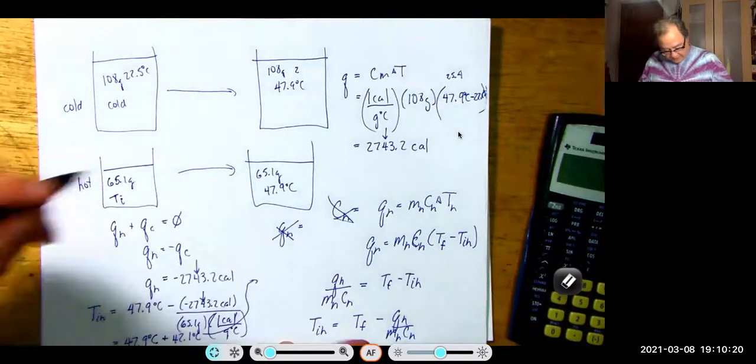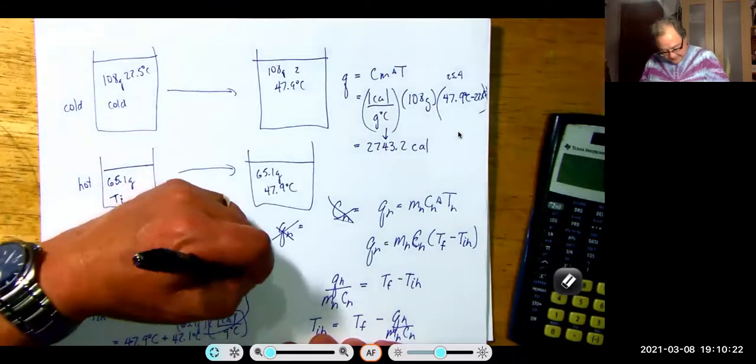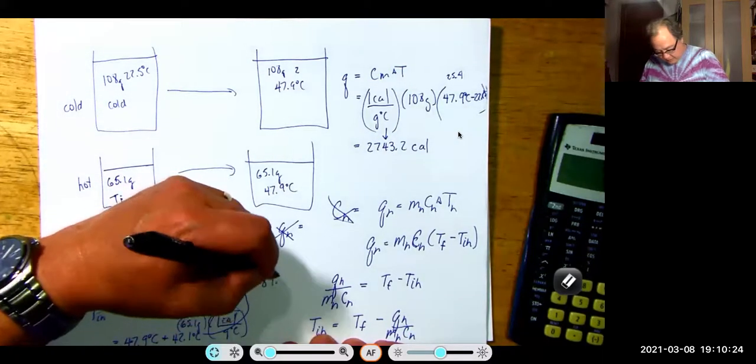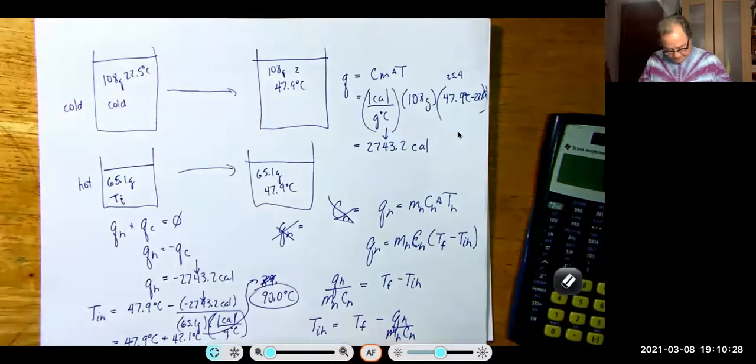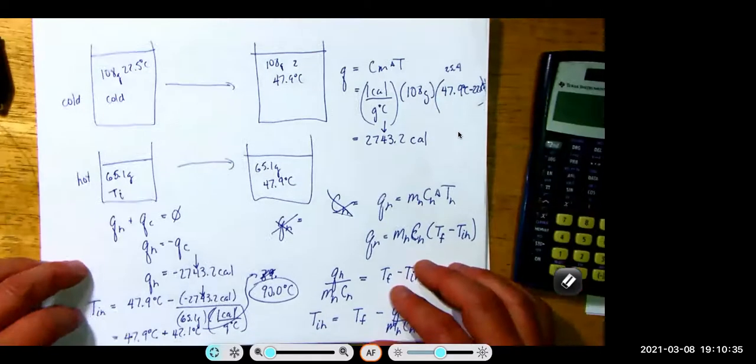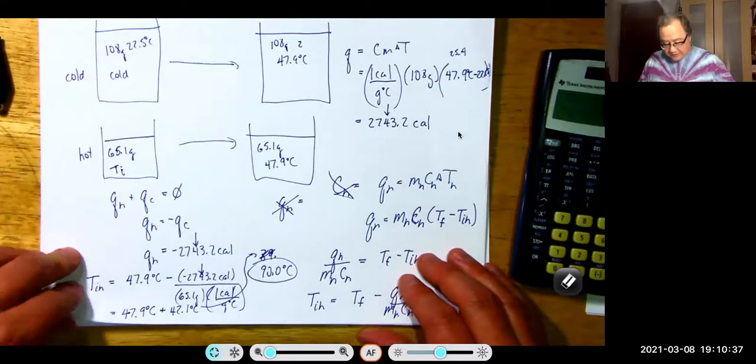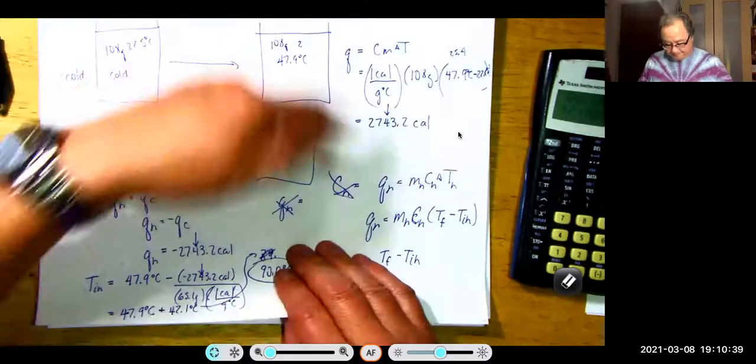So we get a total of 90.0 degrees Celsius. Look good? Okay, so this one was better to tackle in two portions.